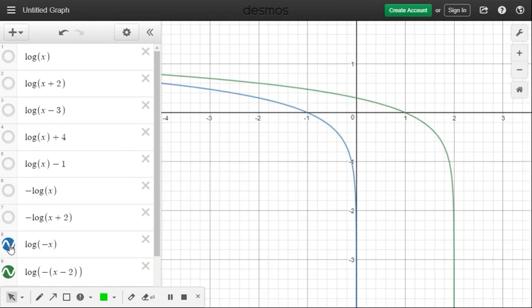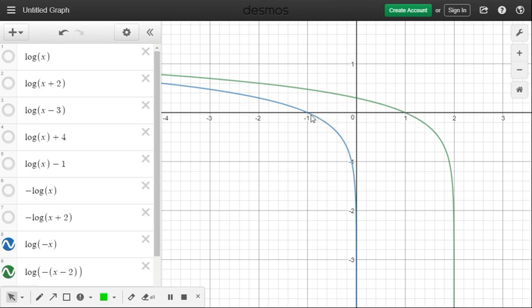The blue graph is just typically log of negative x. And if I compare it with negative of x minus 2, we know that the negative in front of x is going to be a reflection. But what happens when it's just x minus 2? If we focus on that, we will see that from the blue graph to the green graph, it shifted 2 units to the right.